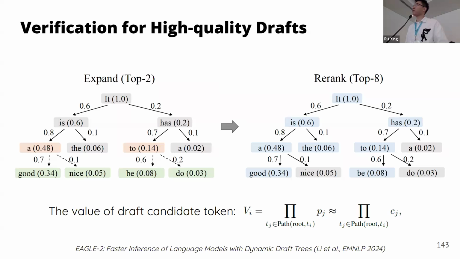Based on this value, we rank the whole tree, and we find the draft tokens in gray have very small value, and we filter out these tokens. If we are given the fixed length, it means that if we filter out these low-quality tokens, we can invest more in the high-value tokens, so that maybe we can get more tokens to be accepted.